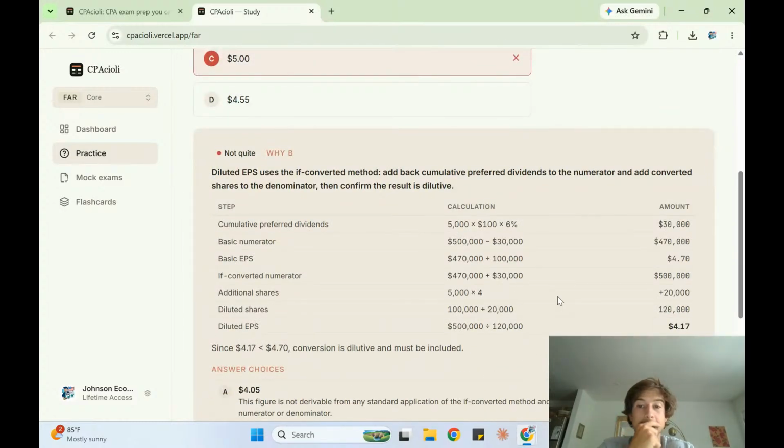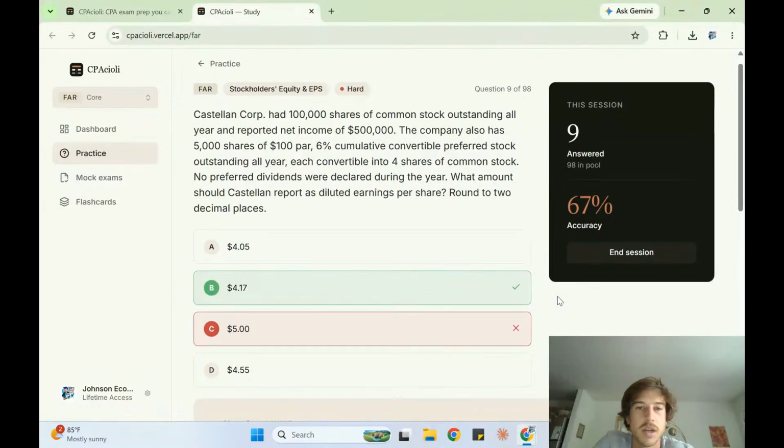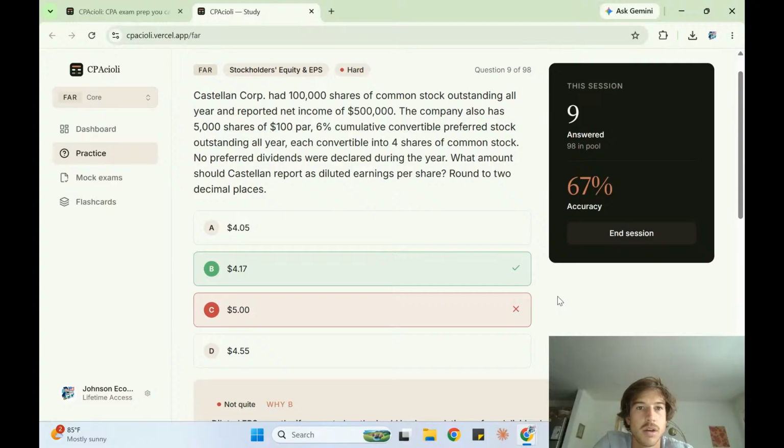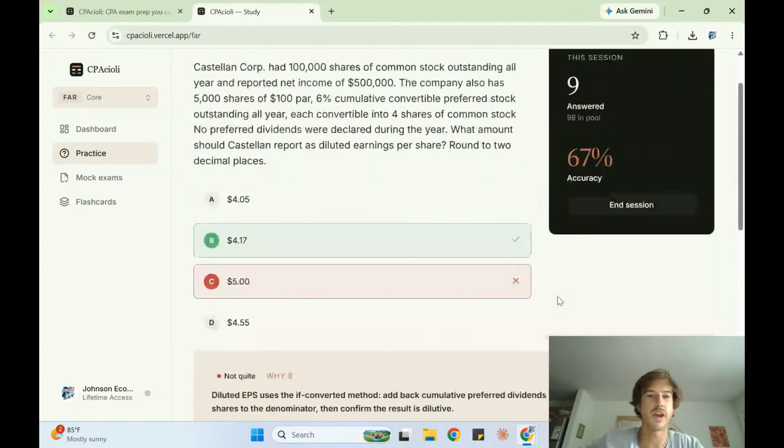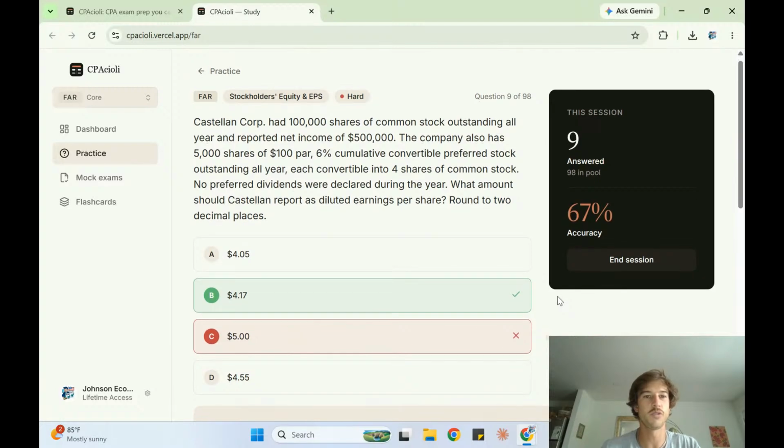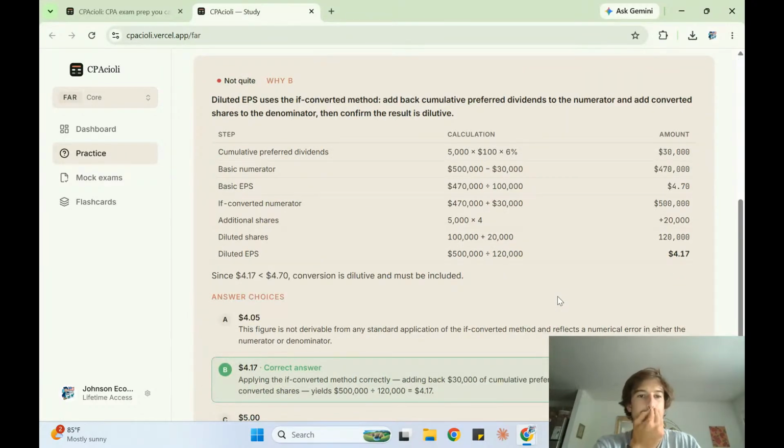So you add back the preferred share dividends. And then the additional shares, 5,000 that can be converted times 4 is 20,000. And okay, so it ends up being 500 divided by 120.